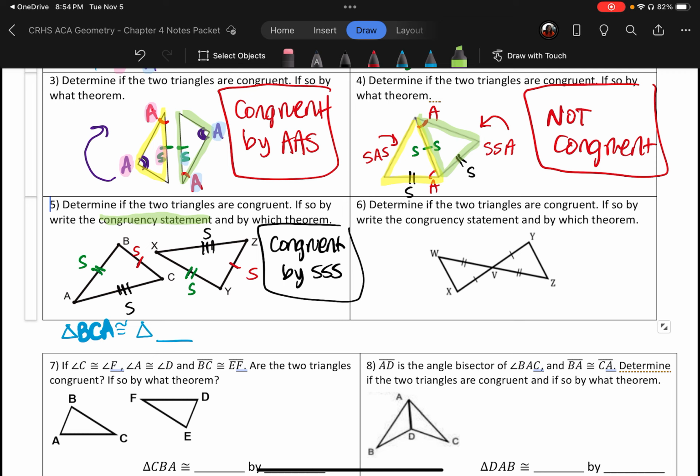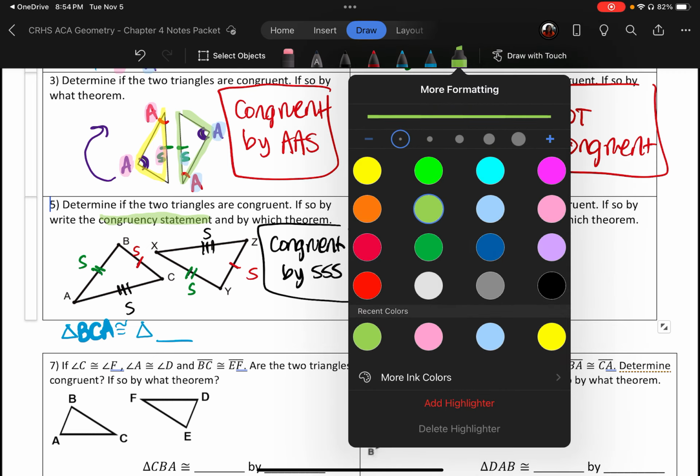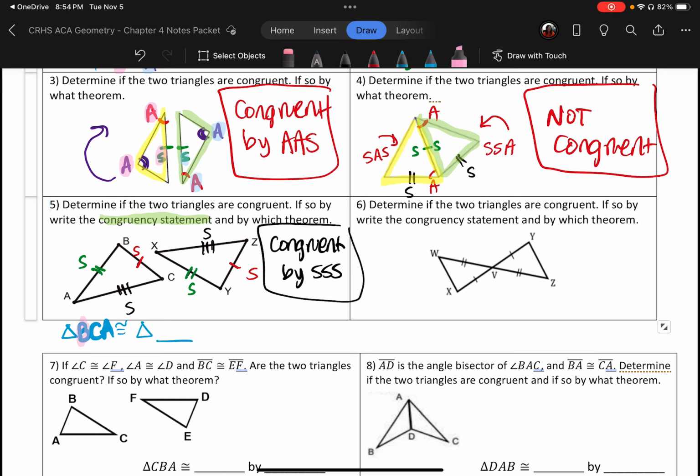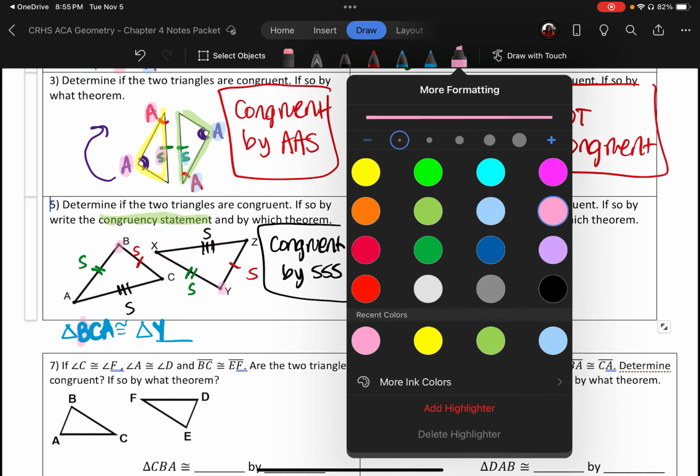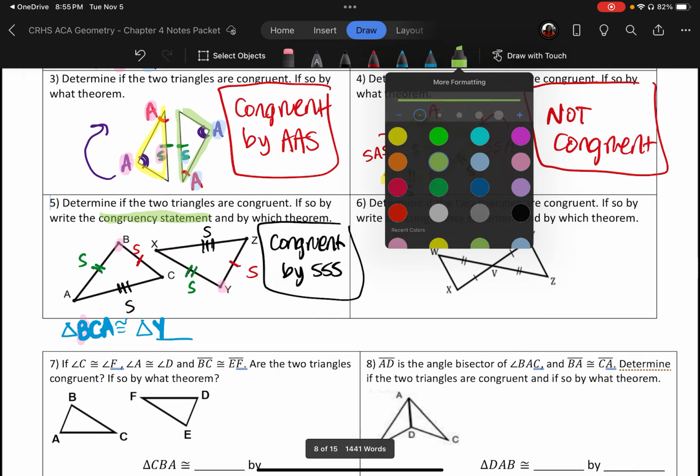Obviously the second one, but I need to be very careful on the order because the order matters here. So the first letter that we start with here is B. Look at B. Angle B is in between the red and the green. So B matches up with Y. Y is in between the red and the green. So this will match up with Y. Next, we have C.